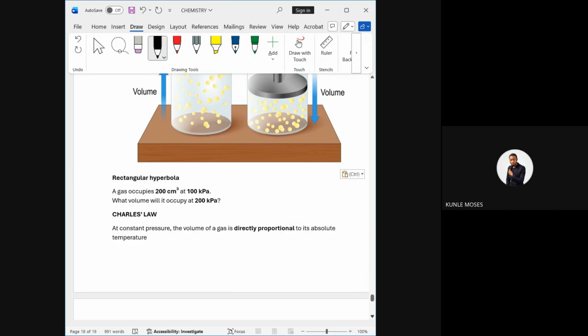Just write the formula and insert the appropriate parameters there. I'm expecting answers from everybody. That unit is not correct, so centimeter cube, in case you say 100 centimeter.